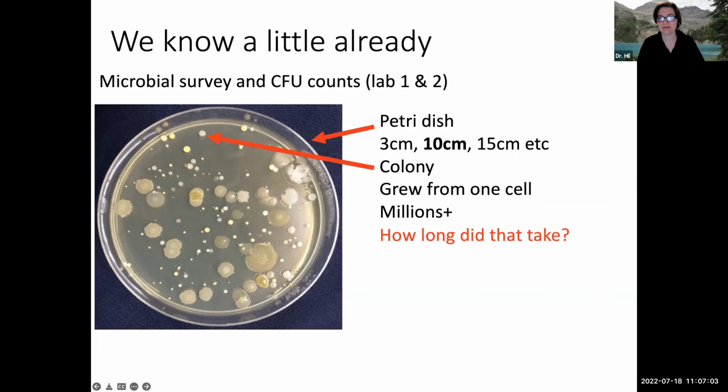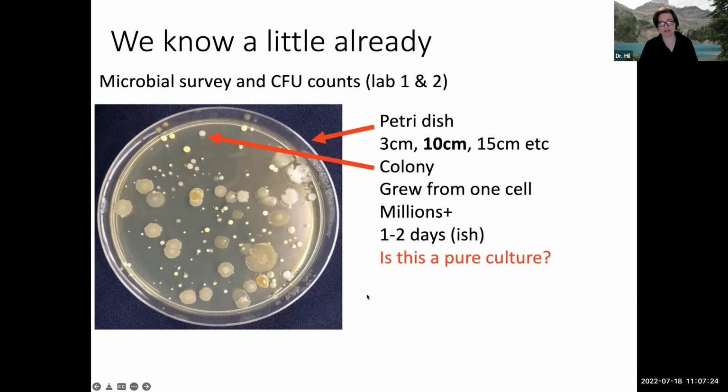How long did it take those cell divisions to occur? Yeah, it was a couple of days. Depending on the species, it might take longer or shorter, but that's a good period of time for most of these species. As you can see, this was produced after about a 48-hour incubation period.